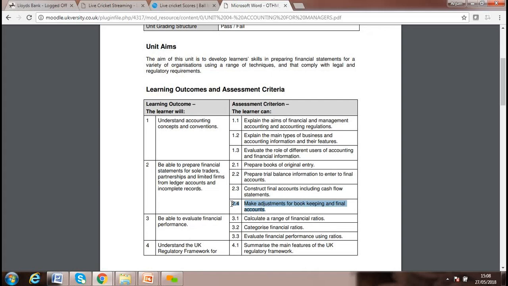What does trial balance mean? Prepare trial balance.